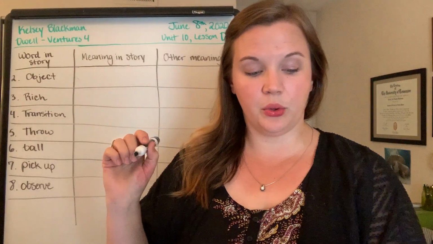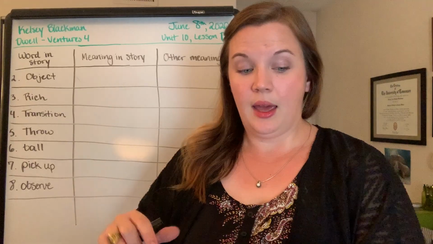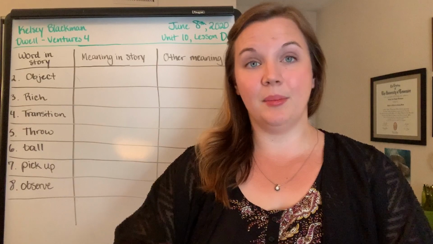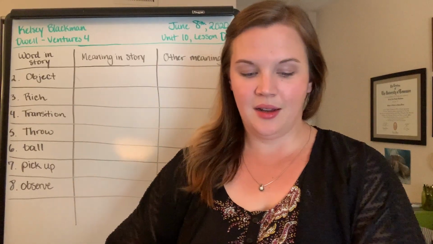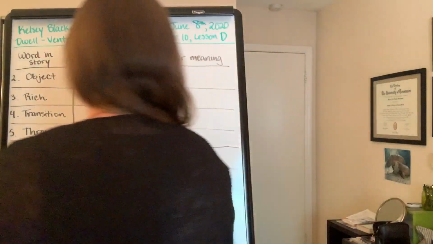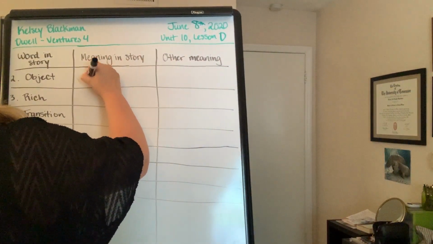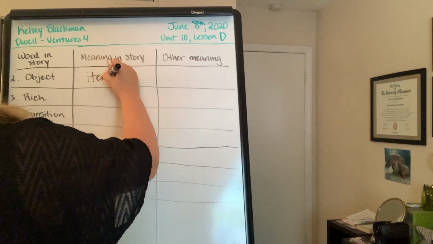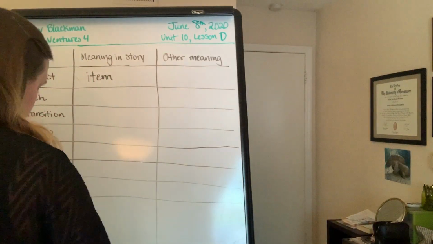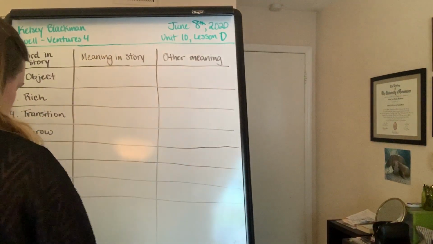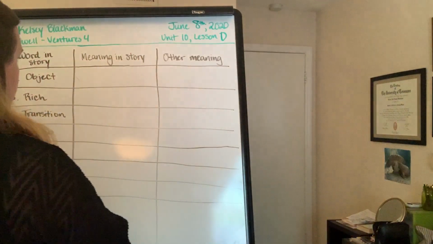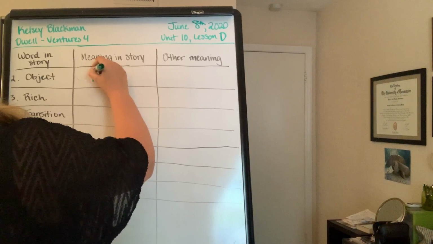So that's number 1. Now on here, I started on number 2. The word in the story was object. And that's when they were talking about how in China, they place a baby in the middle of several objects. So the meaning in the story is item. I'm actually going to use my green marker if that's okay with you all, because the black marker is fading fast. Item.